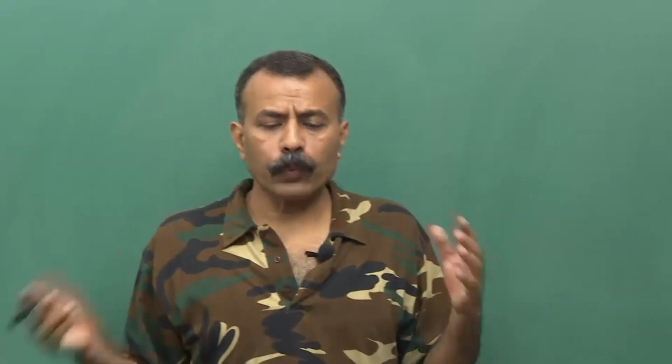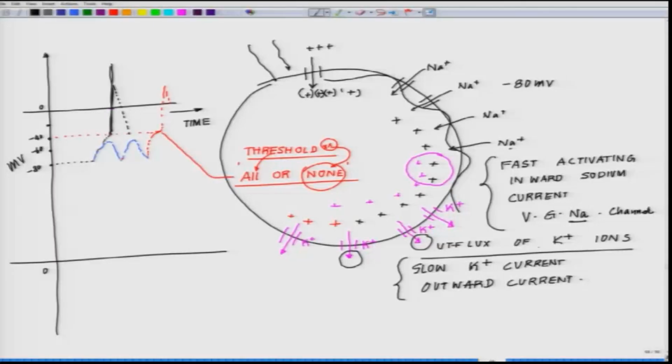All your batteries are ionic devices. These are all ionic phenomena, which are wet phenomena, because you always need a medium for these ions to travel. These are bulky molecules, bulky structures which have to travel. Okay. So, this is called slow activating potassium current, potassium outward current, governed by these potassium channels.